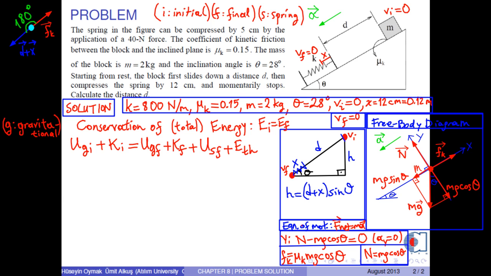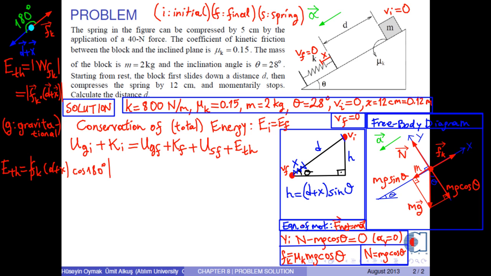Its value is equal to the absolute value of the work done by the kinetic frictional force, namely the absolute value of the dot product Fk dot (d plus x), where d plus x is the total distance during the motion for the block m.